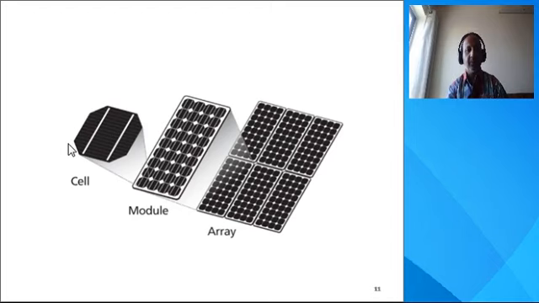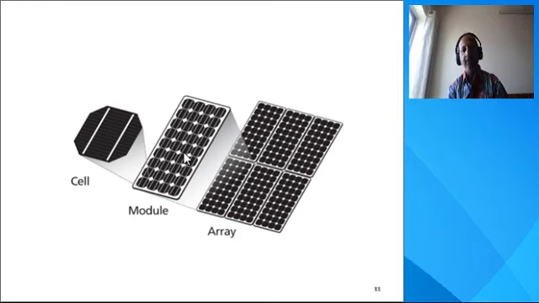But for the higher voltage use, this single cell cannot be used. So these cells are connected in series and parallel combinations to form a module like this. This is called as a module, solar PV module or solar panel, where a number of cells are connected together in series and parallel combinations.